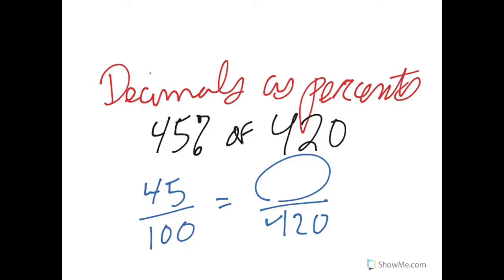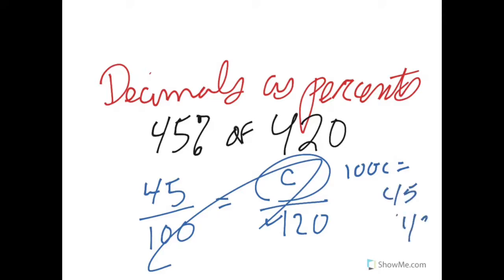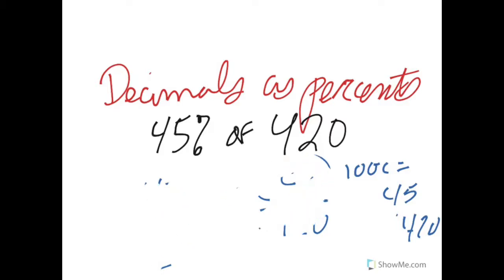So we've got what looks like some math that we've done previously. Let's say C. We'll put C for cups here. If I'm going to cross multiply, I have 100 times C is the same as 45 times 420. I'm going to erase a little bit just so I have a little more room to work. Obviously, you would not erase your work. So we end up with 100C equals 45 times 420.